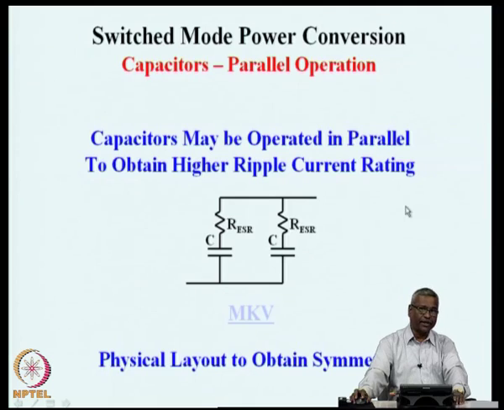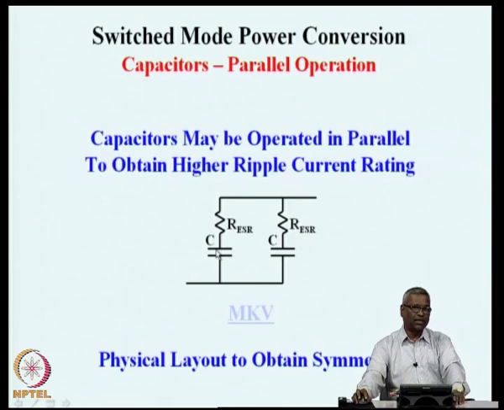In the same way, if you are using capacitors for large current applications, it is necessary to connect several of them in parallel. A single capacitor may be capable of taking only about 40 or 50 amperes of RMS current, and if our application demands 500 amperes of RMS current, we may have to connect several of them in parallel to reach the requirement.